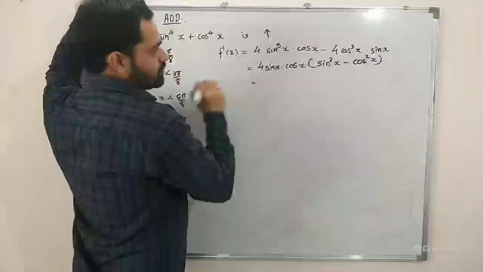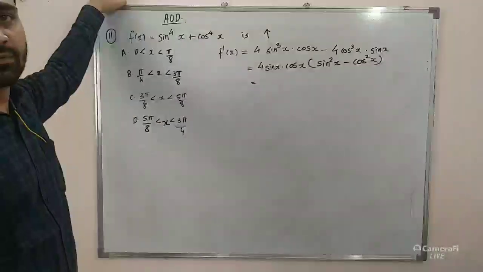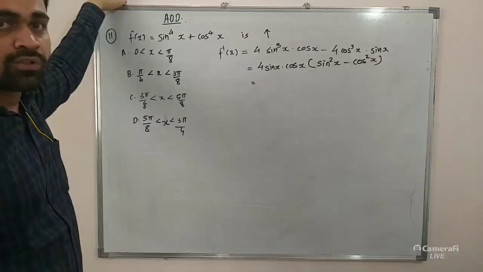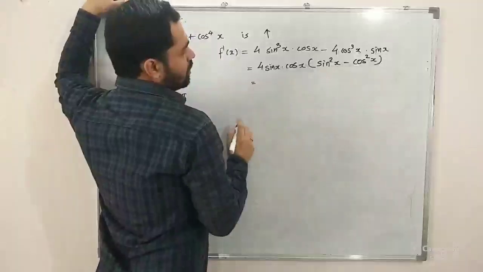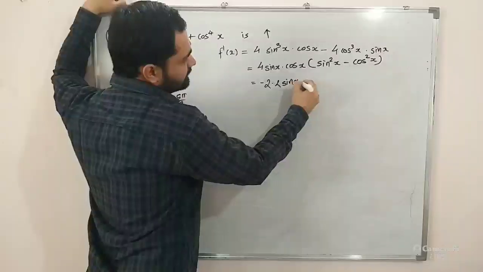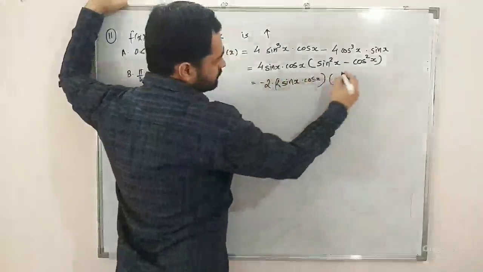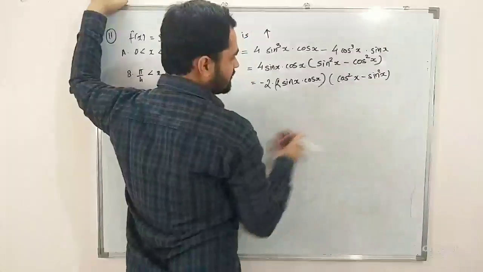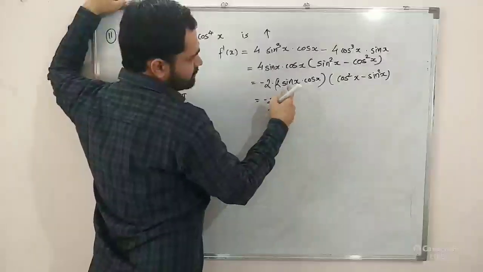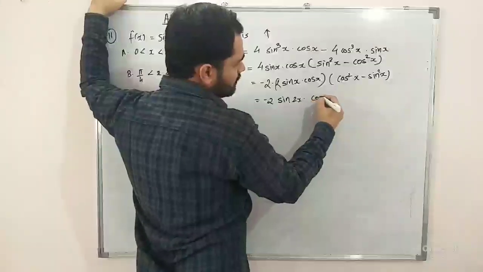Now here you will know that cos square x minus sin square x is cos 2x. So taking minus common, 2 sin x into cos x, and cos square x minus sin square x, is equal to minus 2 into this term, sin 2x, and this term, cos 2x.